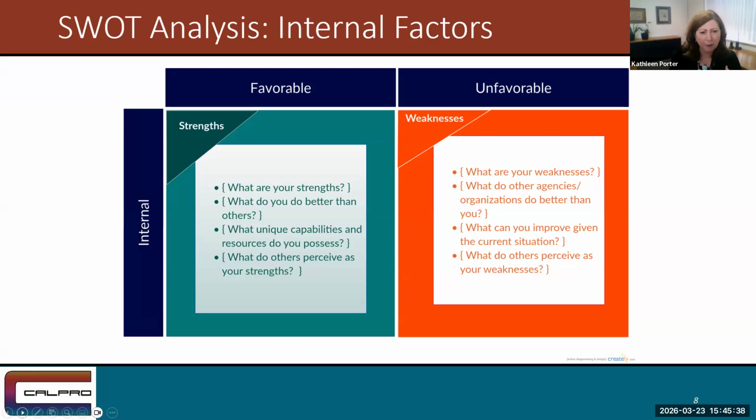And then if we think about the weaknesses, what are the weaknesses? What do other agencies or organizations do better than you do? What could you improve given the current situation? And what might others perceive as your weaknesses? So those are things that we would think about internally.